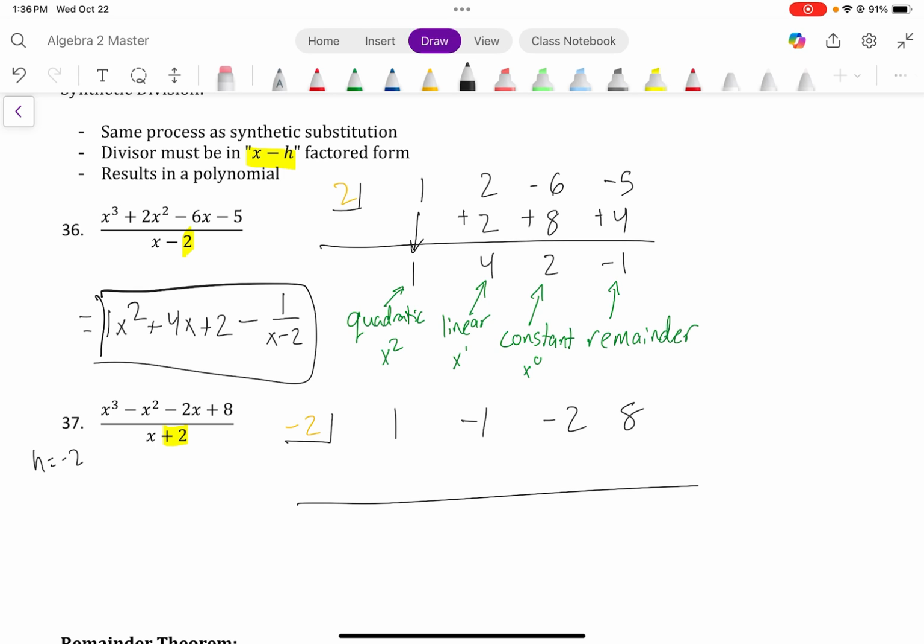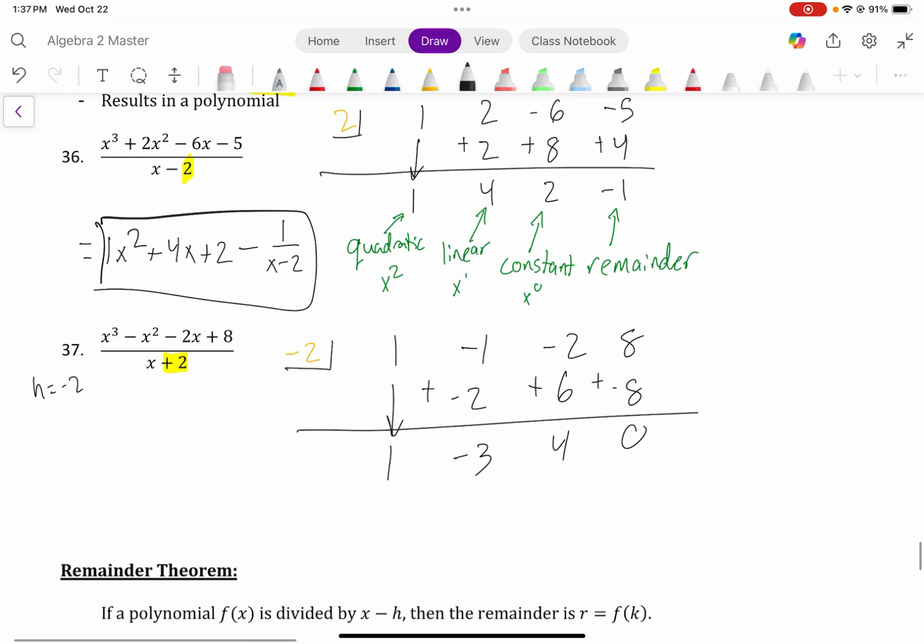Just like before, make sure that if you are missing a power, like if there was no x squared term, you put a 0 in. It's an important piece. But here, bring down the 1, -2 times 1, -2. Add to get -3. -2 times -3 is +6. Add to get a +4. -2 times 4 is going to give me a -8. In this case, I get a 0 for a remainder, which is phenomenal.